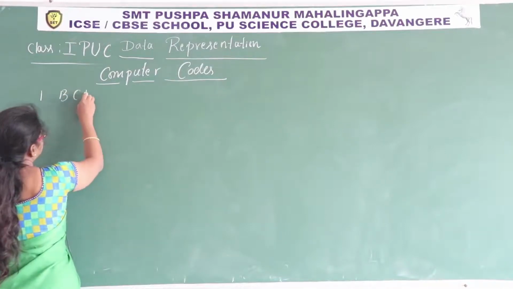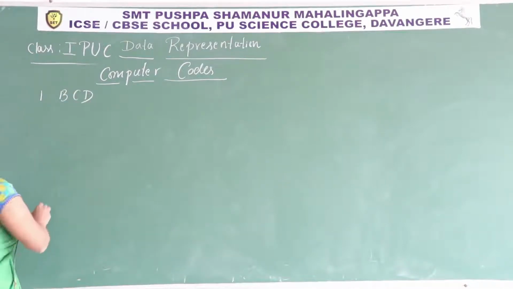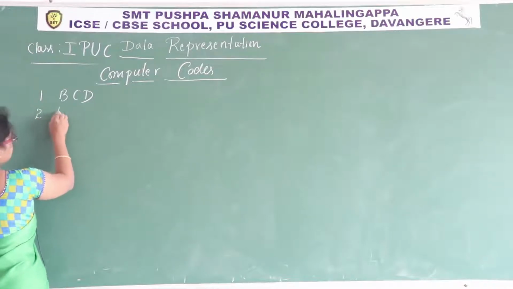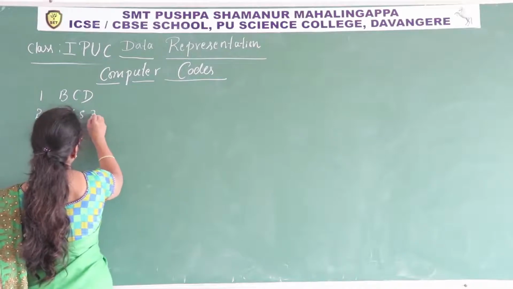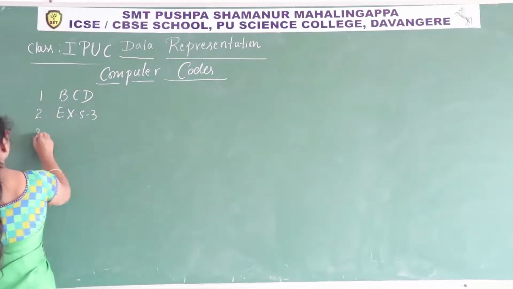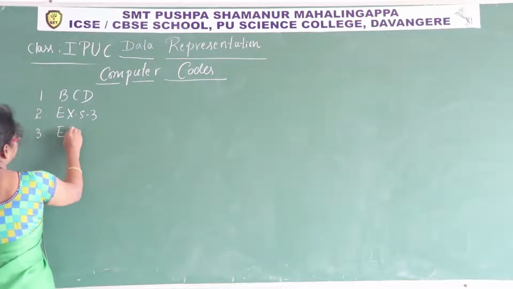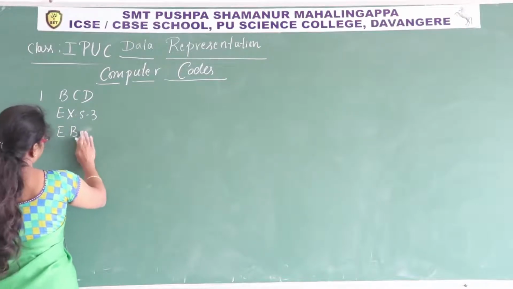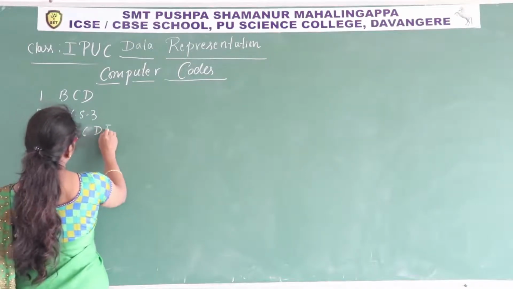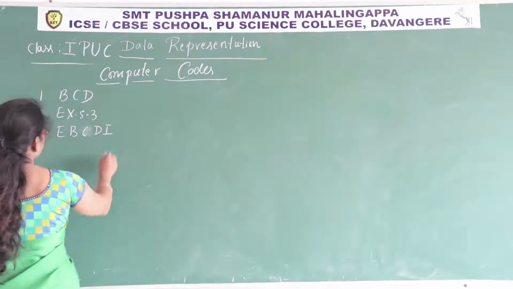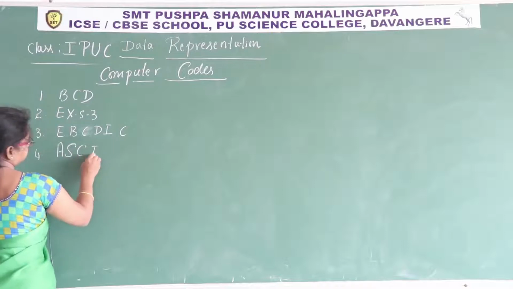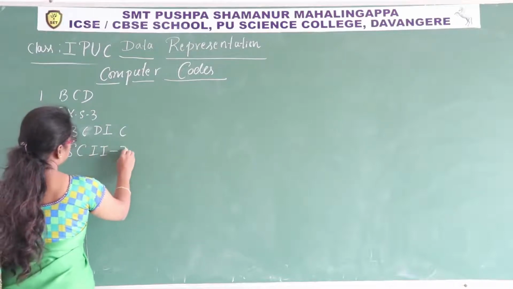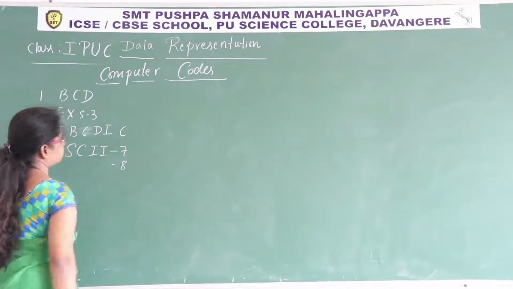First one, BCD, binary coded decimal. Then XS3 code. Third, extended binary coded decimal interchange code, EBCDIC. Then ASCII code, ASCII 7 and ASCII 8.